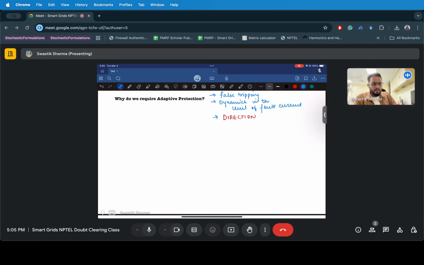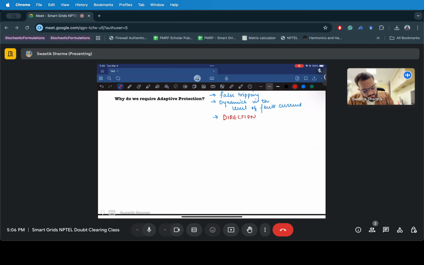While we were studying, I told you that directional overcurrent relays are being used for adaptive protection schemes at the distribution side. We discussed all of this, and now we will talk about the ways in which we are utilizing them.